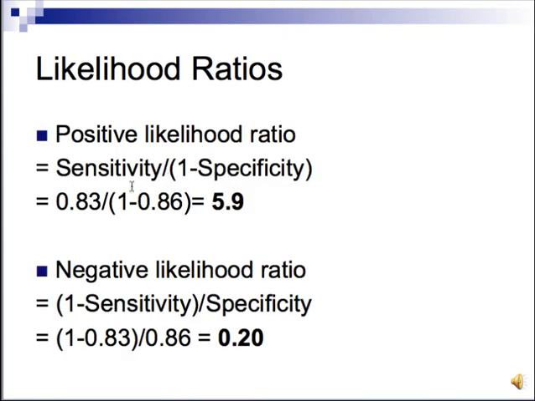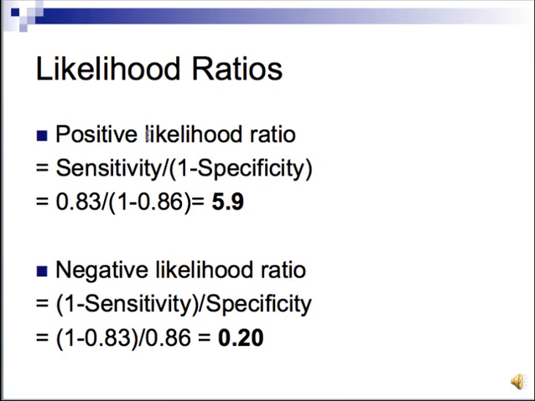So what we can see here is a value of something called likelihood ratios. We can combine likelihood ratios with pretest probabilities to get an idea of how the combination of prevalence data and the results of a test should influence our clinical decision making. And so we are going to calculate both a positive likelihood ratio and a negative likelihood ratio.